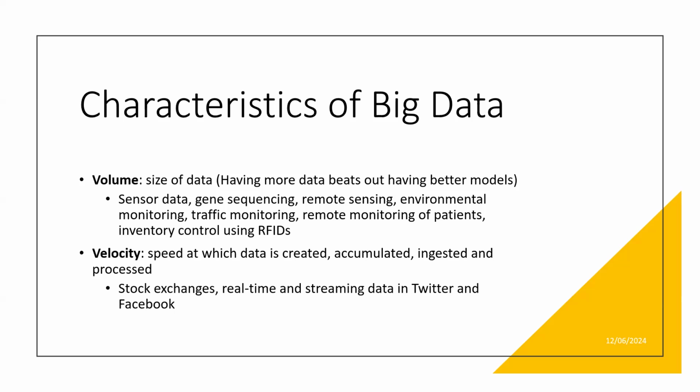It's impossible to manage. So the speed at which the data is created, accumulated, ingested, and processed comes under velocity. For example, if you are interested in the financial domain, the data generated in the stock exchanges is huge.